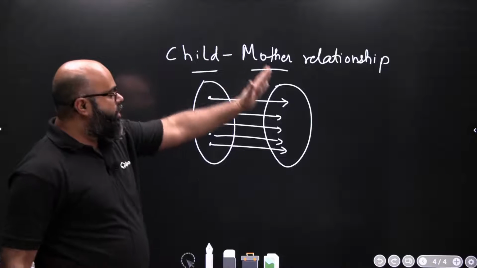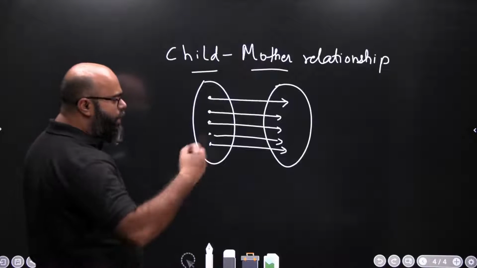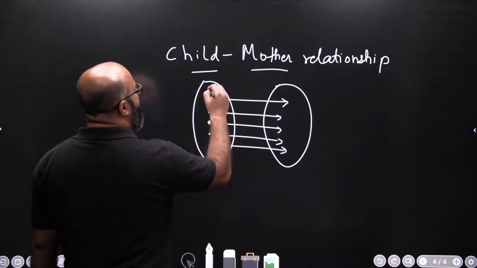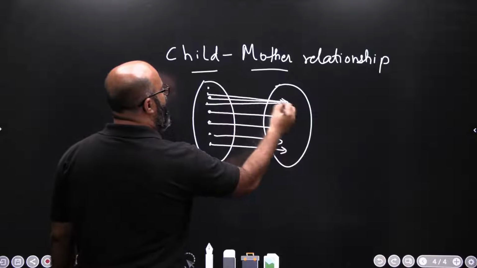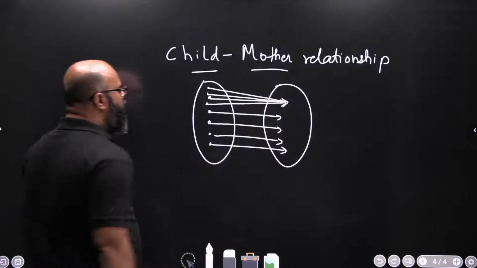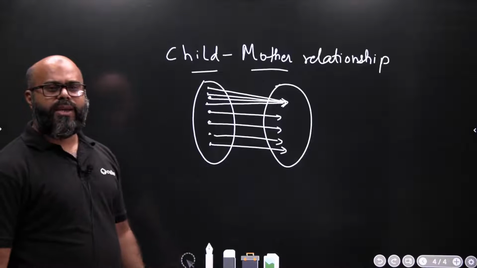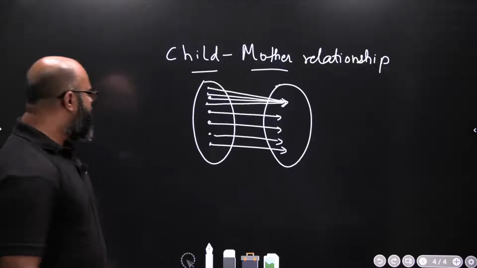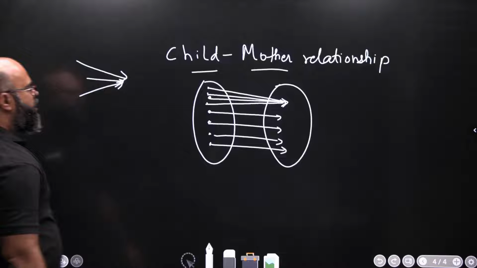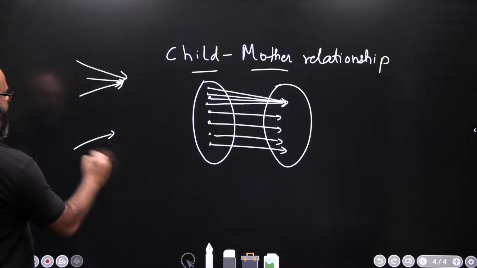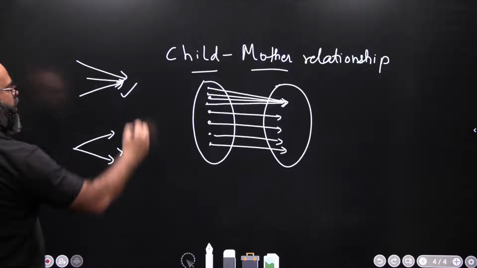So child mother relationship. It may be possible that multiple children can have the same mother. So that is not a flaw. That does not make it a non-function. Why does it not make it a non-function? Because we know that this type of arrow is acceptable, but the arrow which is this one is not acceptable. So this type of arrow is acceptable.